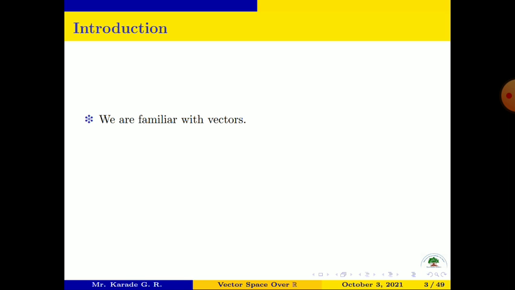And similarly we have written a vector like this: u bar is equal to xi plus yj plus zk. Here i, j and k are unit vectors along the x, y and z axes. So in the 12th standard we have seen some examples of vectors.